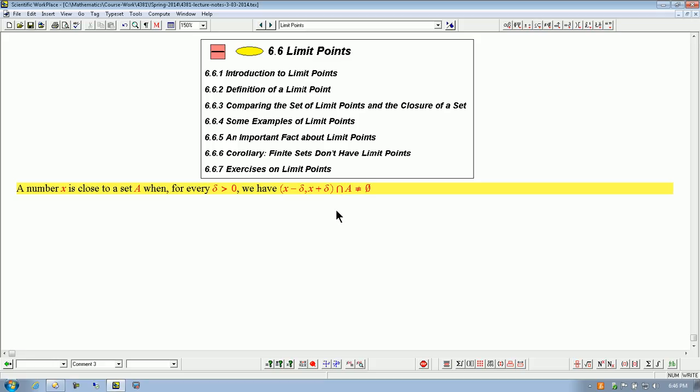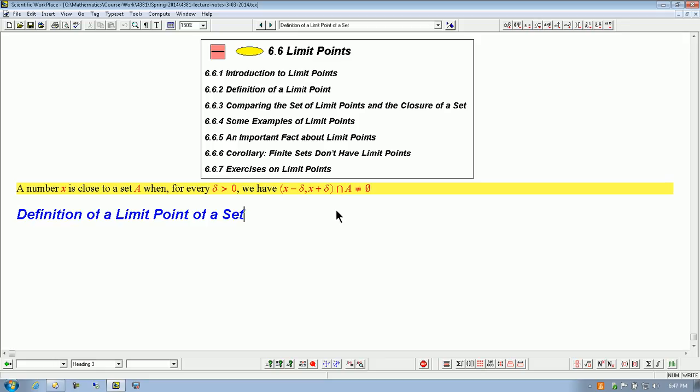Okay? So I'm going to say something to you here. I'm going to say definition. Definition of a limit point of a set.